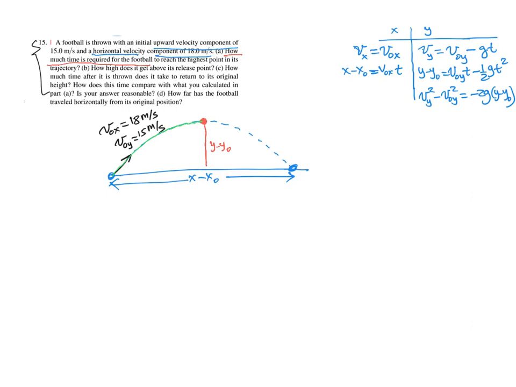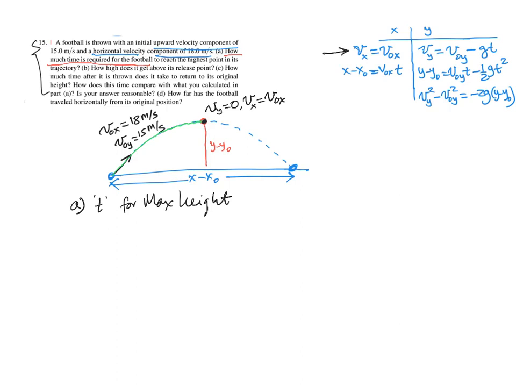So part A, time for maximum height. Whenever you have information about the maximum height, always remember one thing: Vy at maximum height is equal to 0. Vx, though, is always equal to v0x, which is right there.